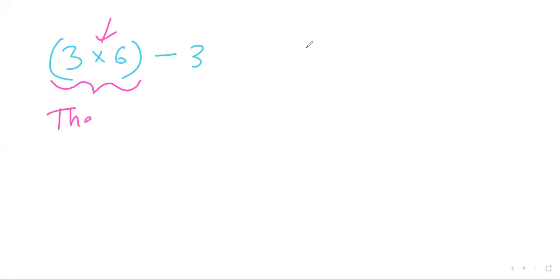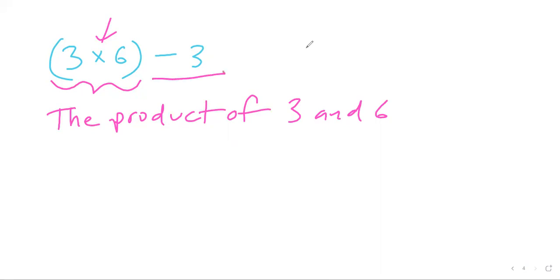So this says the product of 3 and 6 minus 3. So I actually think I might rewrite this one. That's the cool thing about math, right? We're always revising our thinking. And what I'm going to say, I'm going to start with this piece.